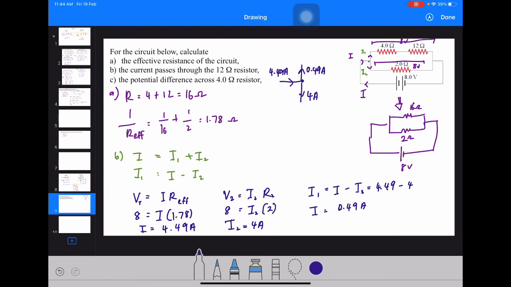How much the value splits up depends on the resistor on that particular path. So if you have a higher resistor, you expect lesser current. So on top here you have 16 ohm, so you expect the top to be smaller than the bottom.